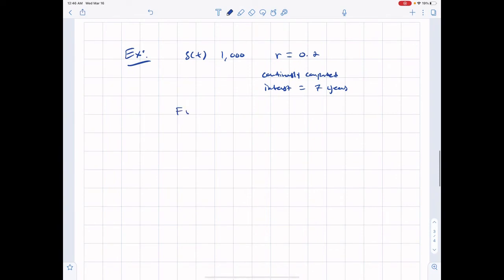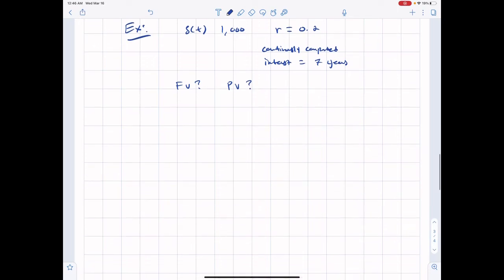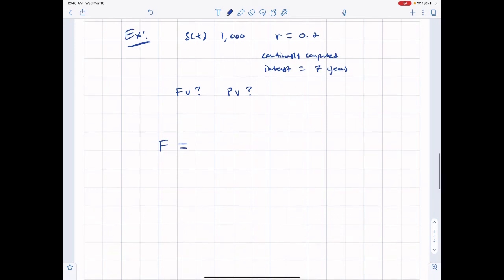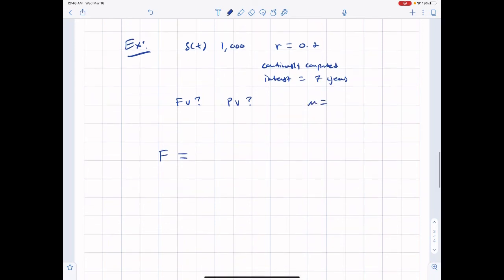Can I find the future value? Can I find the present value? Well, I have the future value. First of all, what's my m? I have my r is 0.2, which is 2 over 10. Usually it's easy to use fractions.